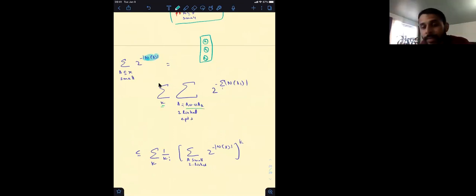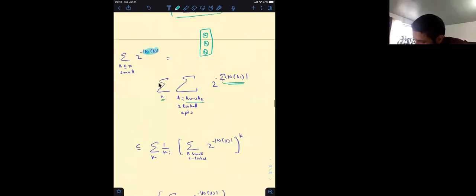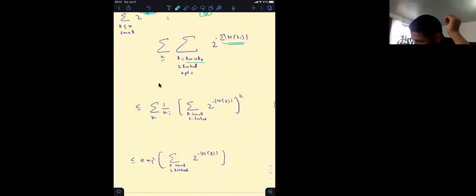Since their neighborhoods don't intersect, the neighborhood of A is just the sum of the neighborhoods of the A_i. This is at most the sum over small 2-linked A of 2 to the minus N of A, raised to K, but then you're counting every set A1 to AK, K factorial times here. So you divide by K factorial. Is that okay? And this is exactly the expression for E raised to the sum over 2-linked A of 2 to the minus N of A.